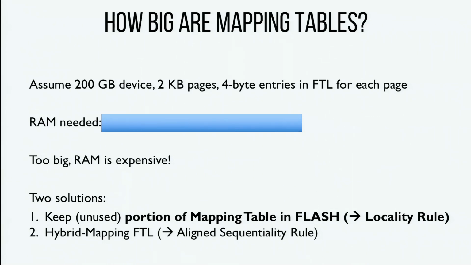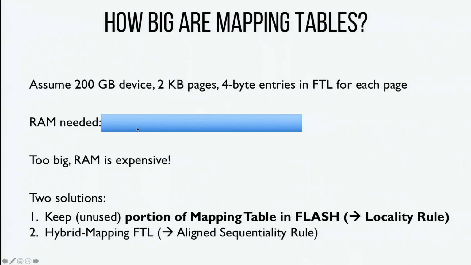All right. So far we've been assuming we have a mapping in our FTL for every single page, but that just isn't realistic. So let's figure out how big our mapping table would have to be for a reasonably sized device. We have a 200 gigabyte SSD, with pages that are 2 kilobytes. Let's assume it takes 4 bytes to record a mapping from a logical page to a physical page.